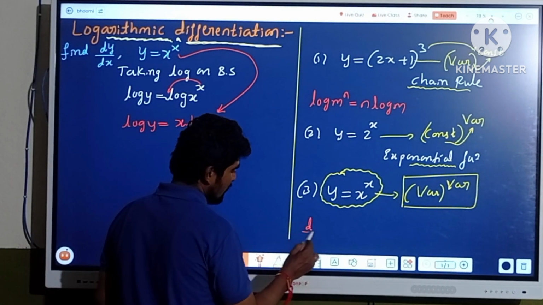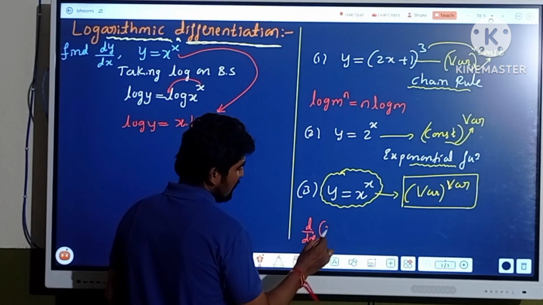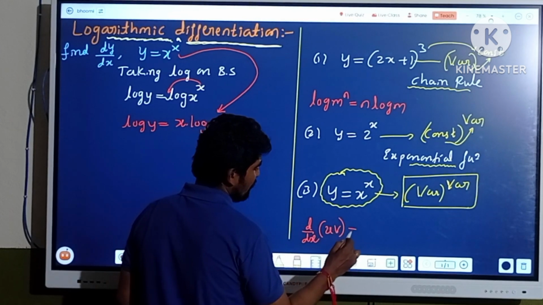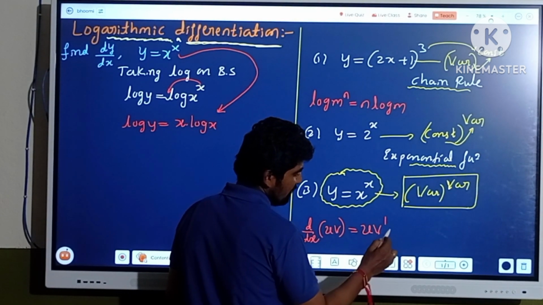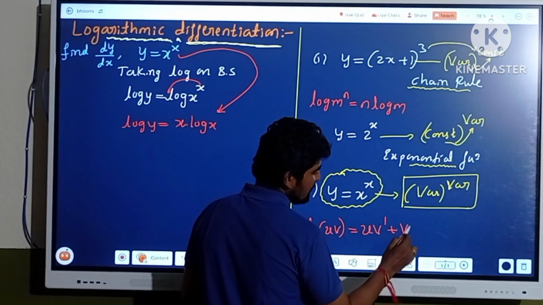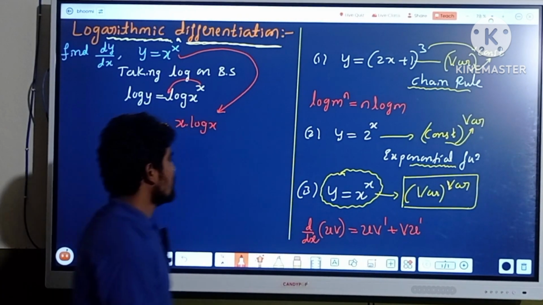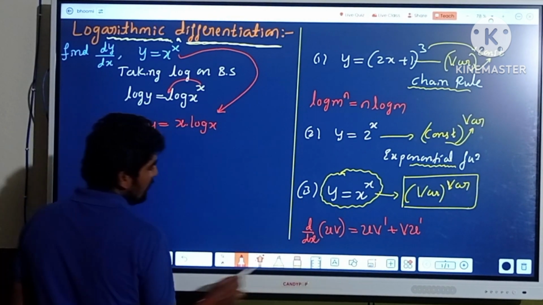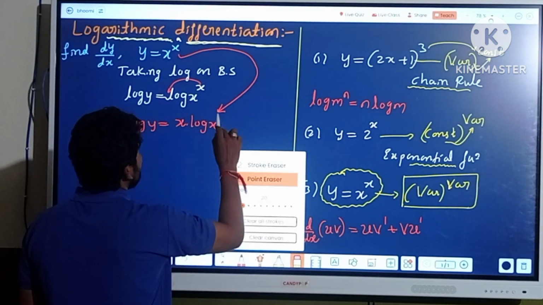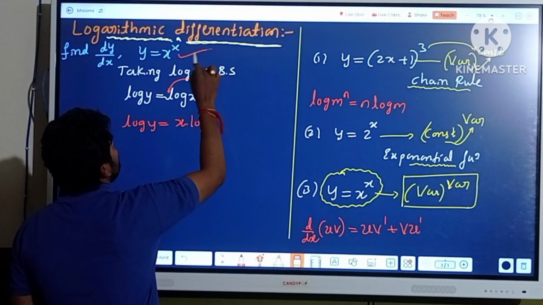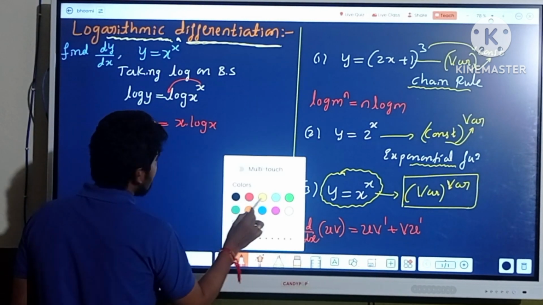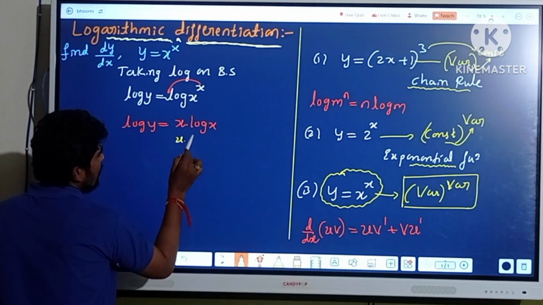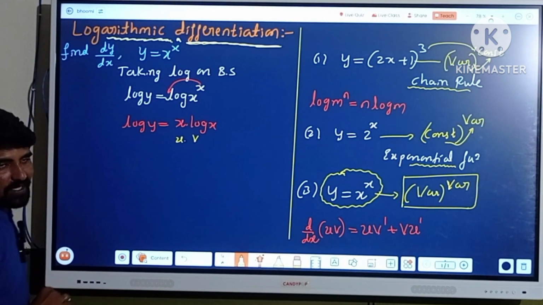The derivative of u into v is the first function u as it is into the derivative of the second function, plus the second function as it is into the derivative of the first function. Here the first function u is x, and the second function v is log x.